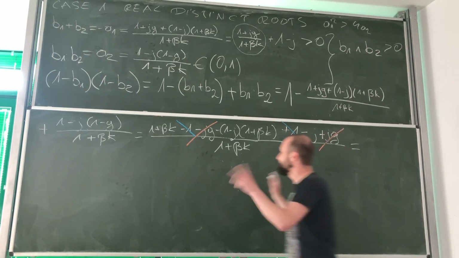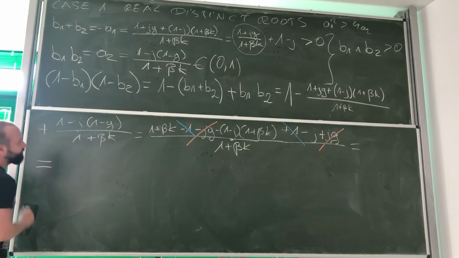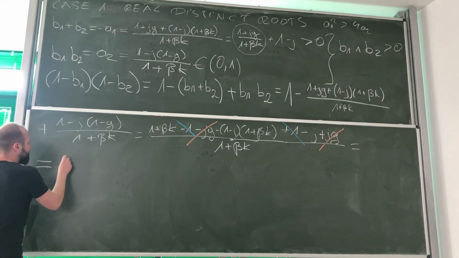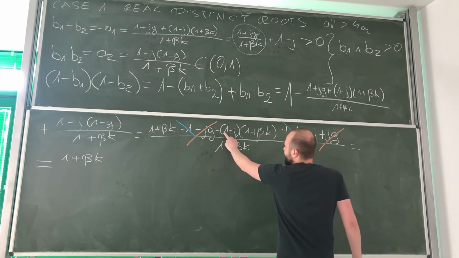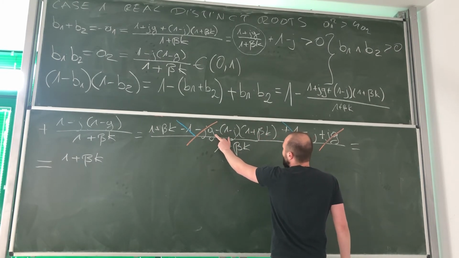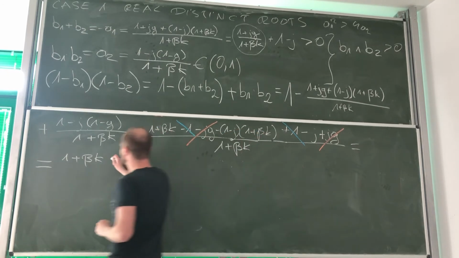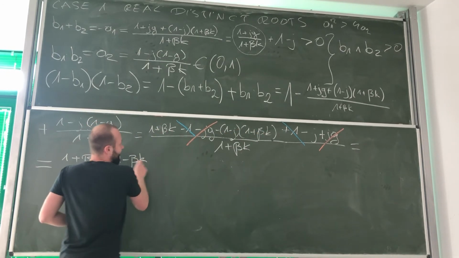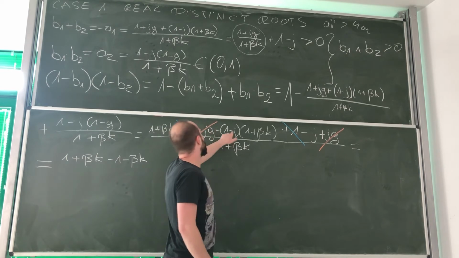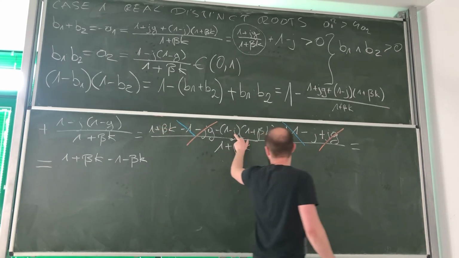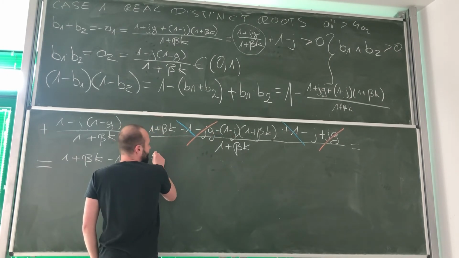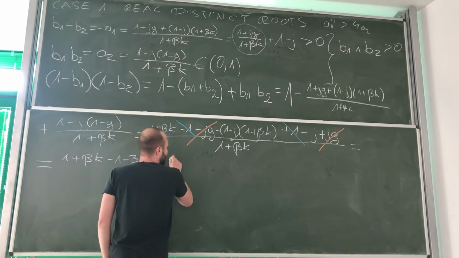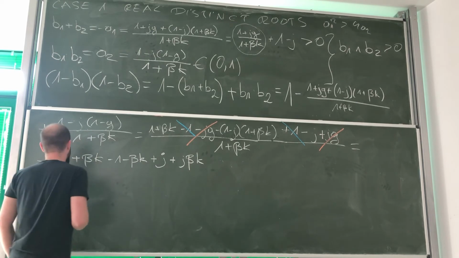Okay, for the rest, we actually need to multiply it further. Probably we could do it at once, but let's do it very slowly and thoroughly, because this will be the key to our solution. Okay, so what do we see over here? Now we multiply negative 1 by this, so we will have negative 1 minus beta k, and minus times minus gives us plus j times (1 plus beta k), which gives us plus j plus j beta k.